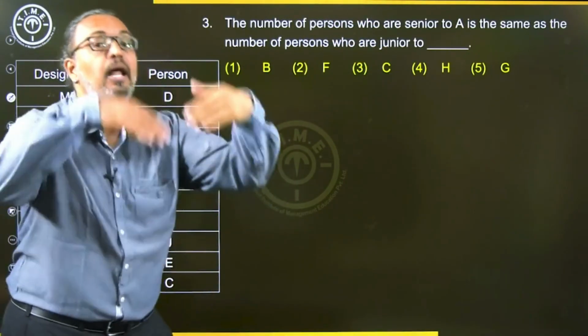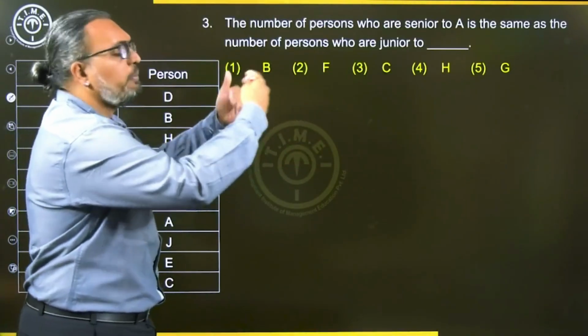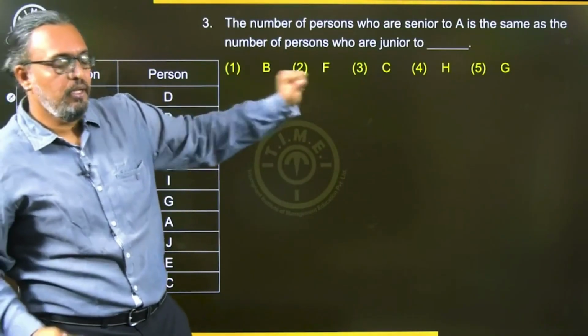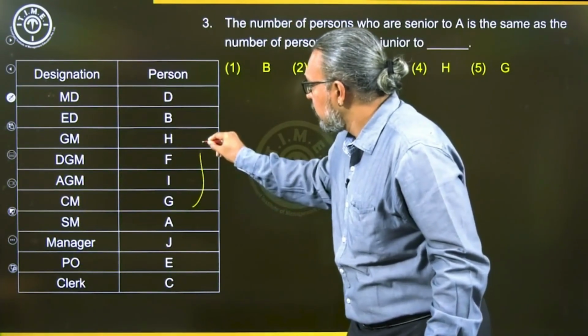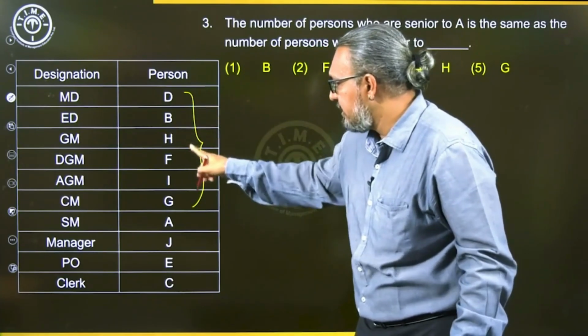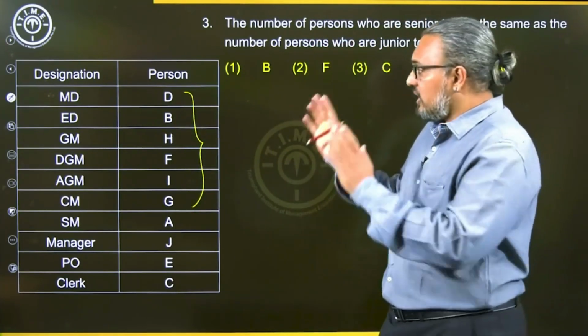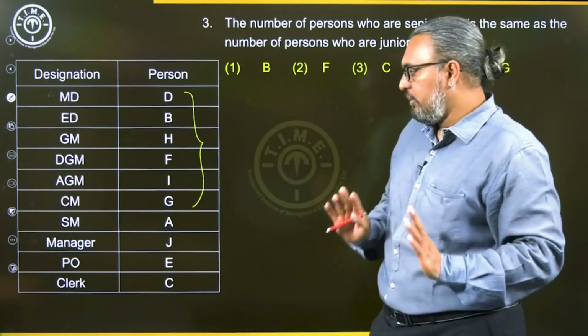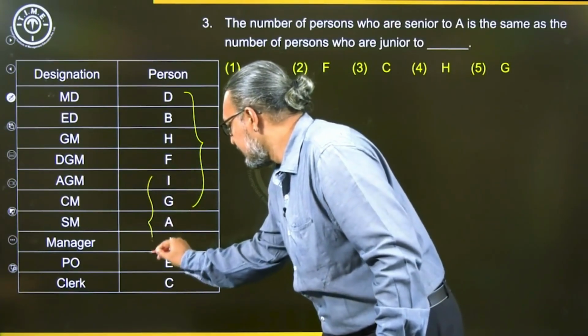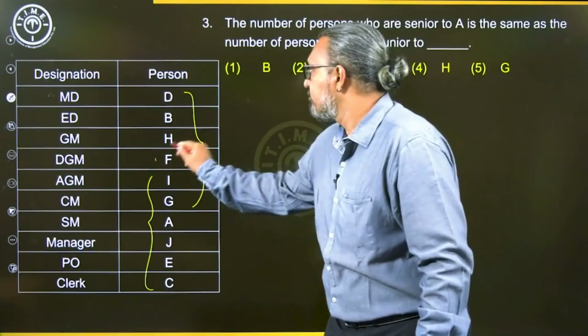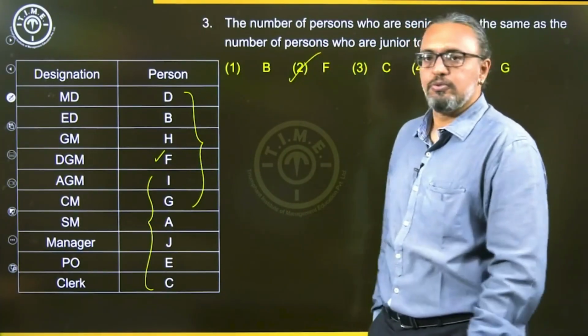So, the number of people above A is same as number of people below who is the question. So, number of people above A. Now, if you look at it, the number of people above A you have is 3 plus 3, 6 people. So, the same number of people should be below who. So, you have 6 people here. So, that means my answer will be F, choice 2.